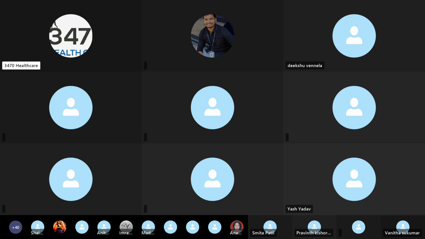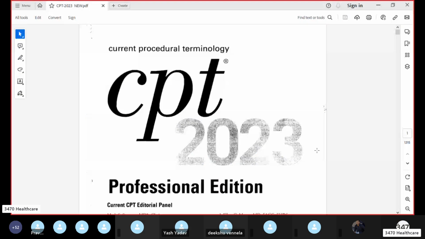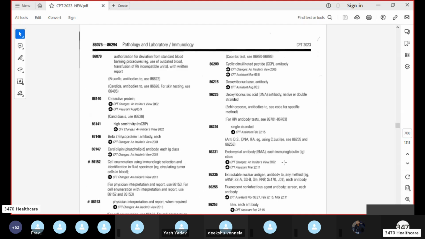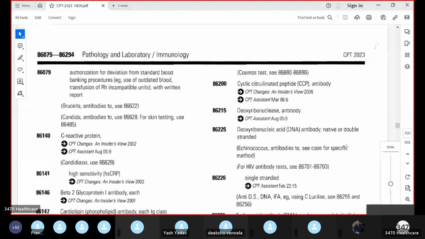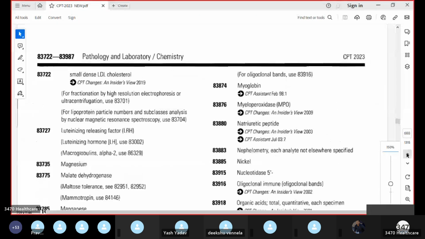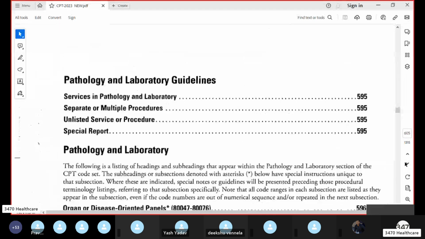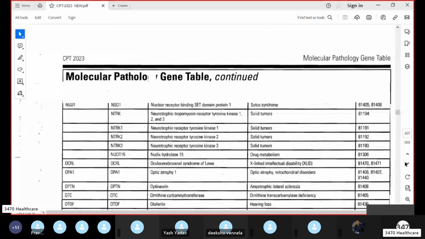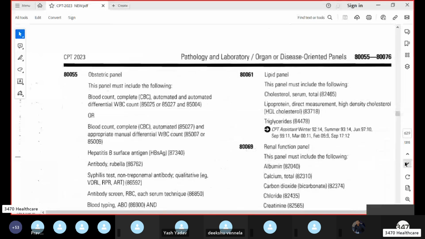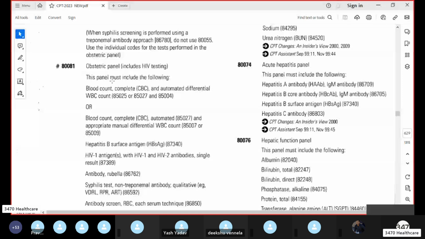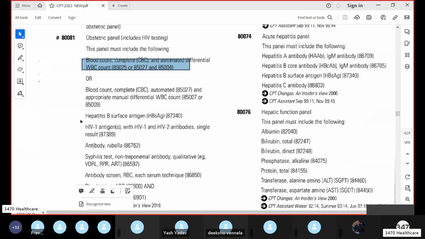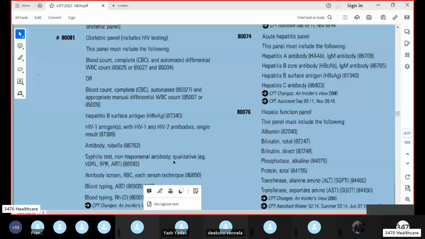Why I gave 80081 first is that compared to the CMP it has more tests, because in that one test is CBC, the complete blood count, and that alone comes to nearly 7 to 8 tests. Then there is hepatitis, 9, 10, 11, 12, 13, 14, 15.